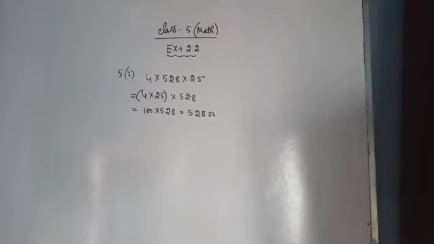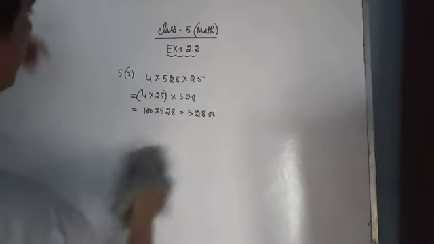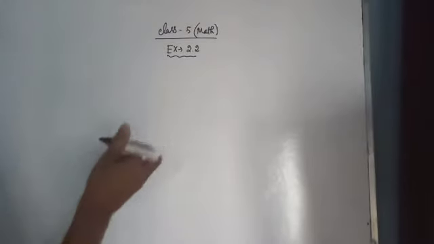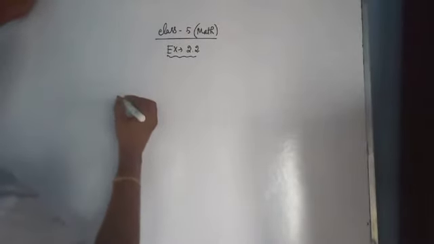Now question number 7. What does it say? Find the following using the suitable property. Suitable property means what? I am showing you, not doing the calculation, just showing you what we mean by suitable properties.